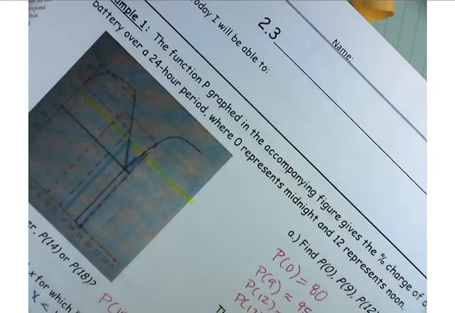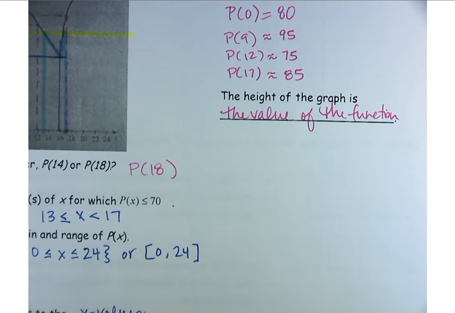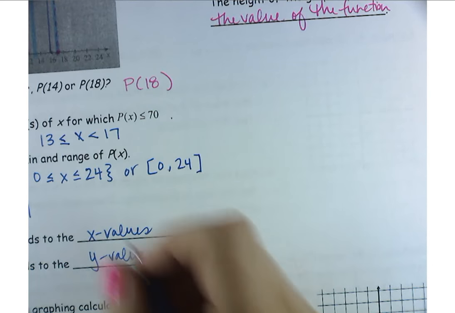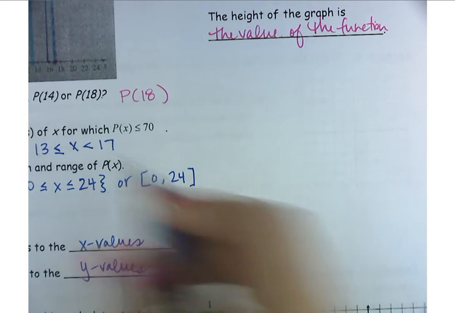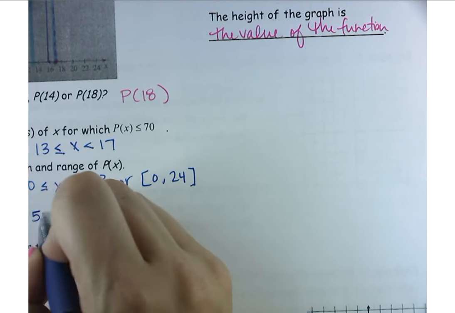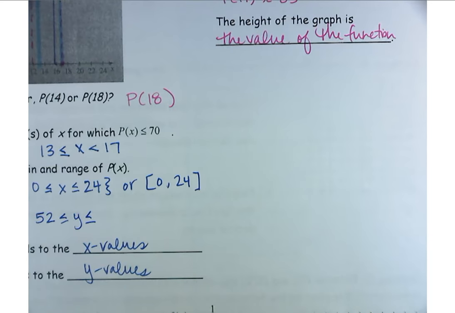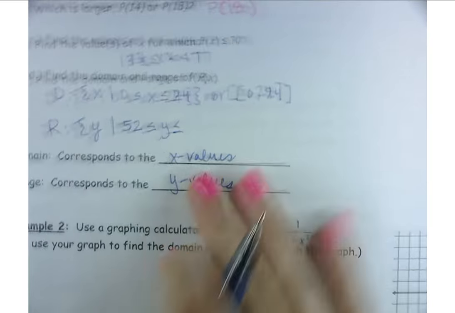So does it look like it's a little bit more than 50? 55-ish? I said 52 the first time. I think it looks more like 53 or 54. As long as you're somewhere in the ballpark, you're going to be fine. So we're going to use 52. And then what is your highest value? 100. Yep.